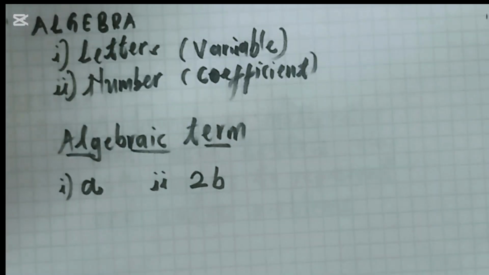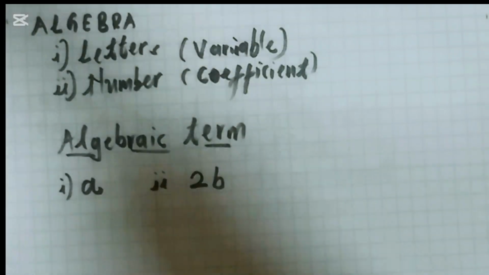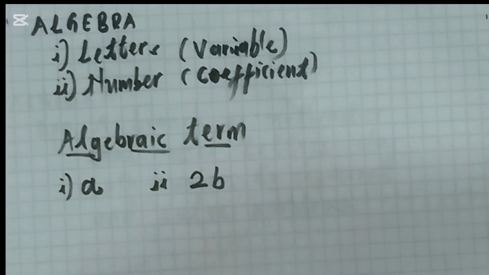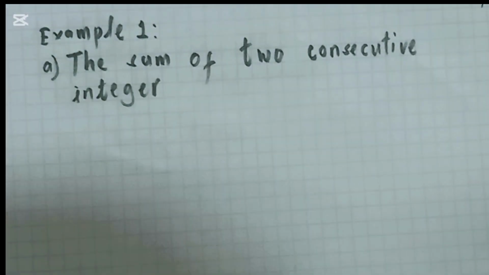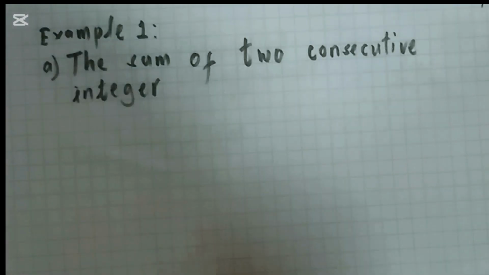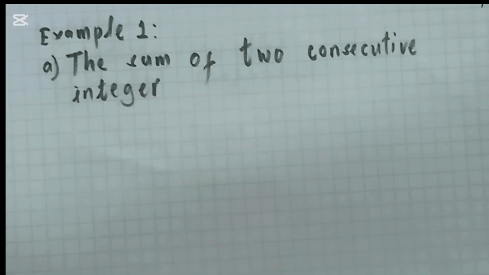So why don't we go ahead and do an example around this so that you understand exactly what algebra is. Let's solve this problem using algebraic symbolization. The instruction is that we should use letters to represent the following statement.